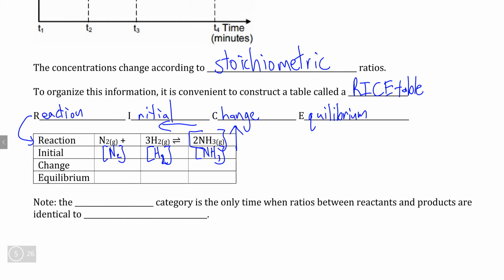So nitrogen is going to gain concentration by a magnitude of positive X, hydrogen by a magnitude of 3x because of its coefficient, and ammonia's concentration is going to decrease by a magnitude of 2x, which means if we take our initial concentration and add or subtract the concentration added by the change, we can figure out what our new concentrations are when the new equilibrium has been achieved.